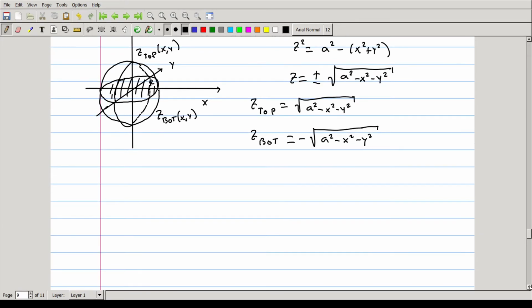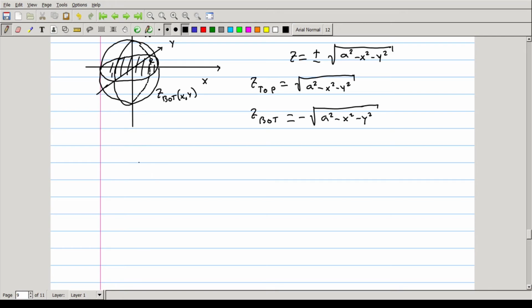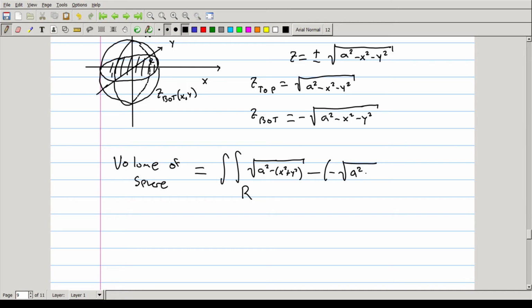So the integral that we're going to get to figure out the volume of this region is going to be the double integral over the region R of z top, which is the square root of a squared minus x squared minus y squared, minus negative the square root of a squared minus x squared minus y squared.